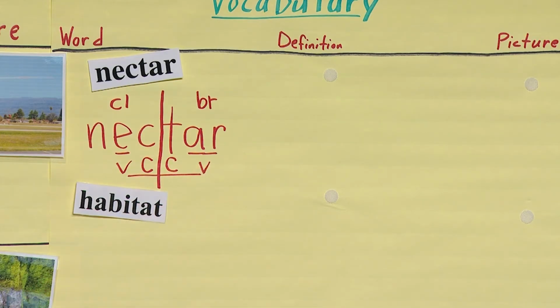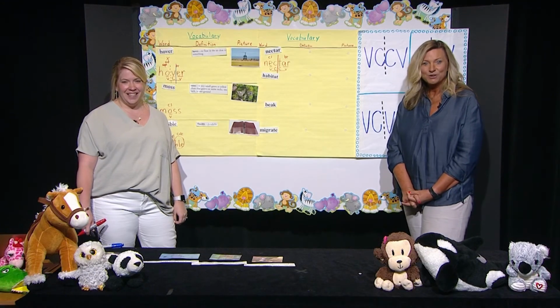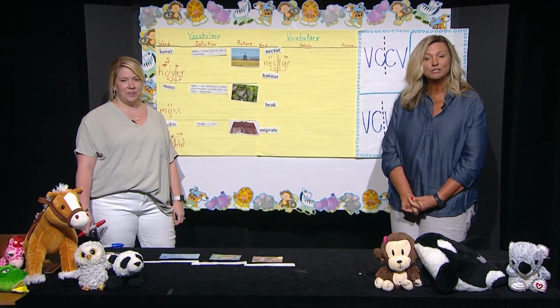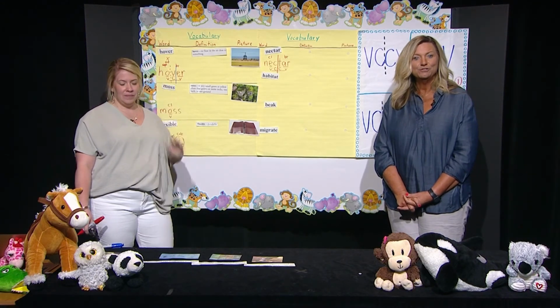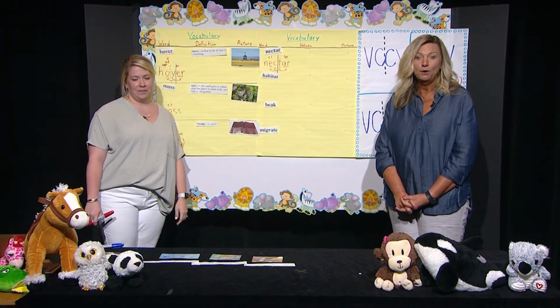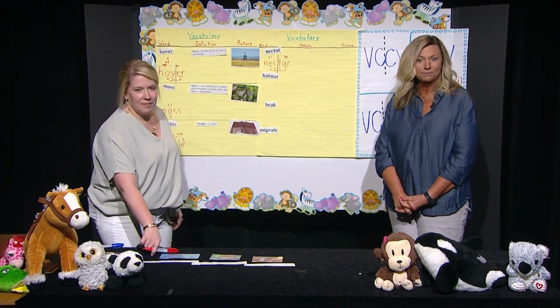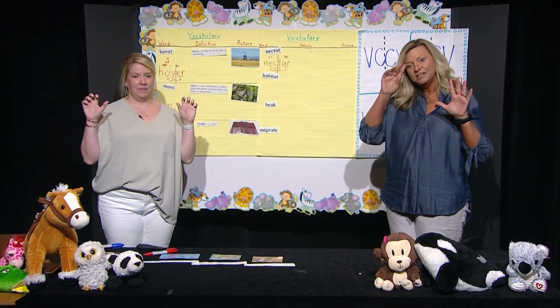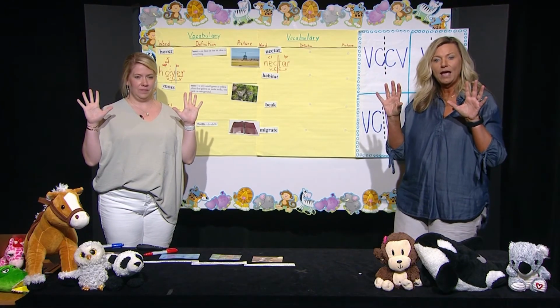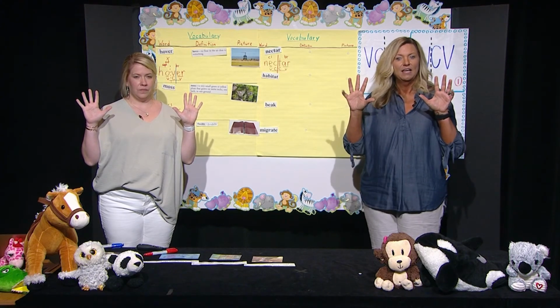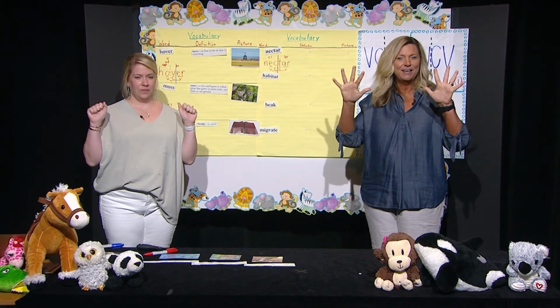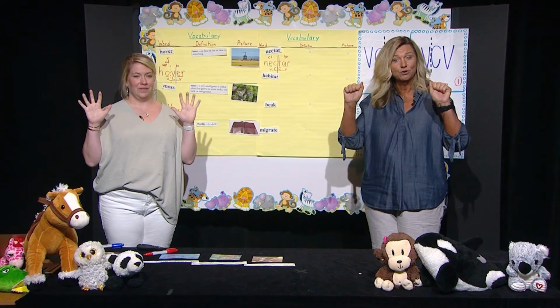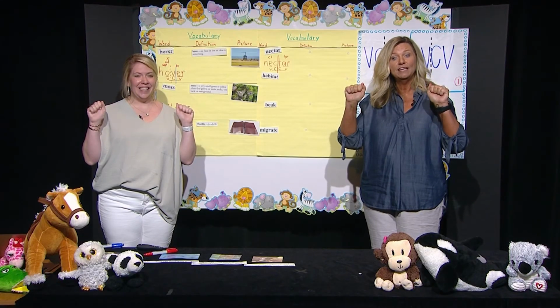I did get excited, Miss Chelsea. Nectar is a sugary fluid secreted by plants. Let's use this hand gesture to help anchor the meaning in our memory. Face your palms open and out, and this will represent a plant or flower. Now squeeze your fists together to represent the nectar or the sugary fluid leaving the flower.